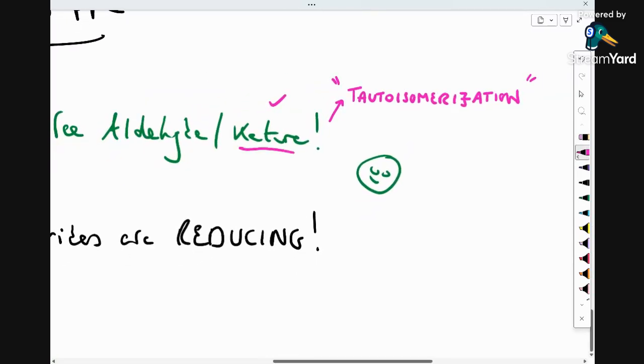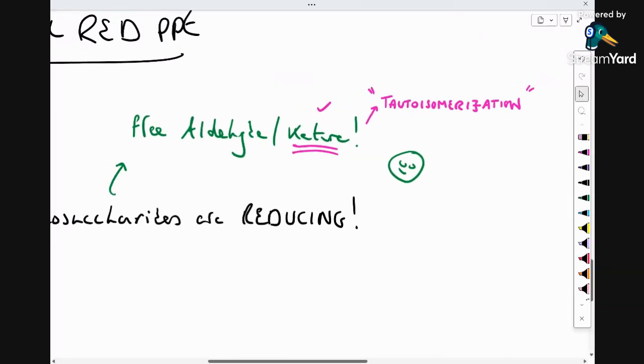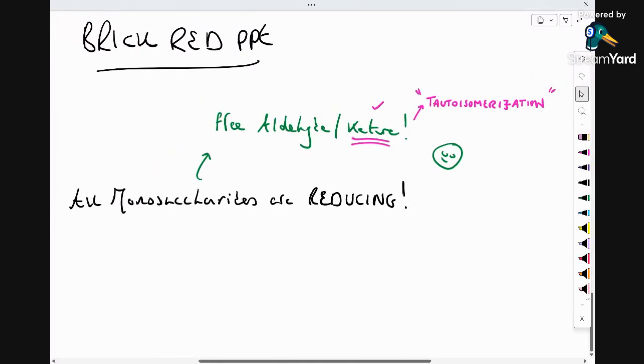So it's something called tautoisomerization of ketones that allows this to actually still act in a reducing capacity to reduce our copper 2 sulfate into copper 1 oxide, Cu2+ into Cu+. So don't worry about that.